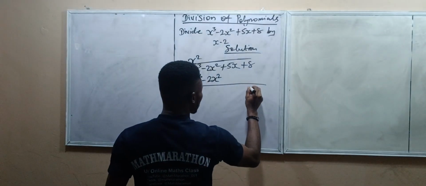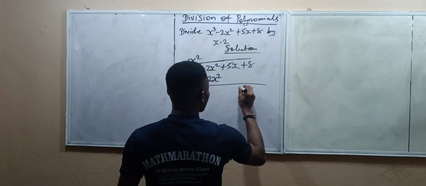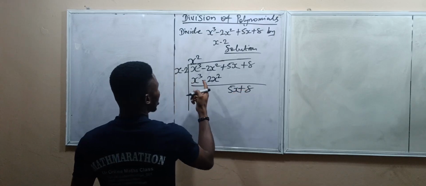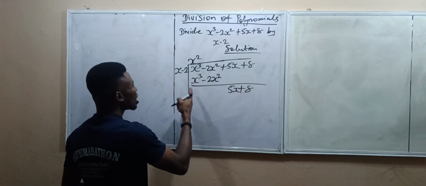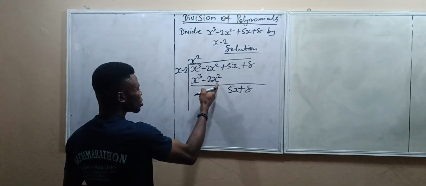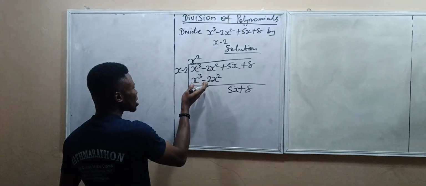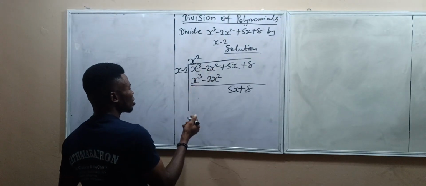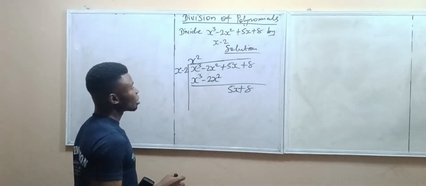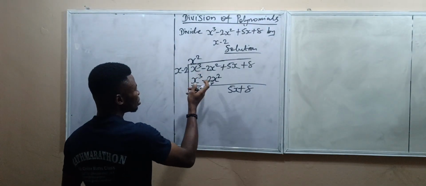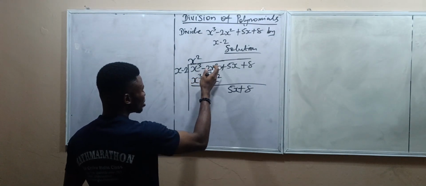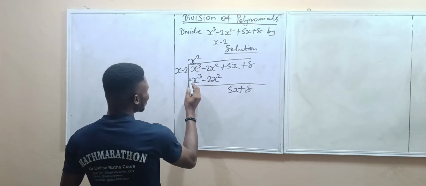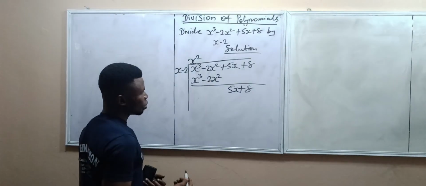And of course, this is 8, and this is 5x. And then minus 2x squared minus 2x squared. Of course, you know the second one is being subtracted from the first one, so there is a subtraction sign here. So minus times this minus will give us plus.